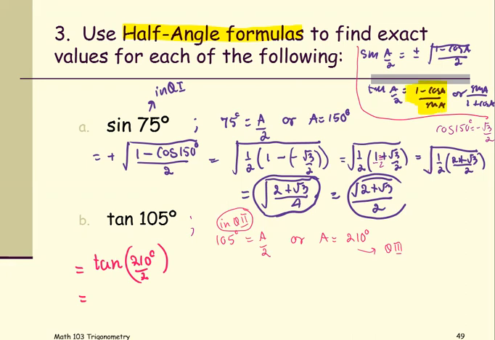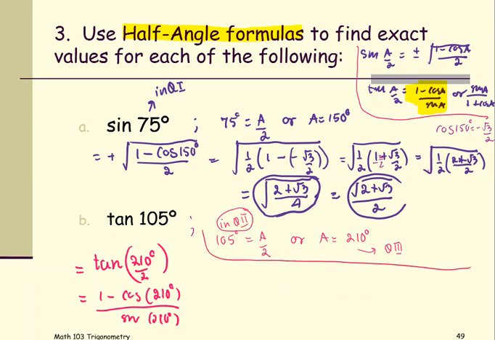So this can be 1 minus the cosine of 210 degrees, all divided by the sine of 210 degrees. And on the side note, for the prep work, the sine of 210 degrees: the sine in the third quadrant is going to be a negative value.